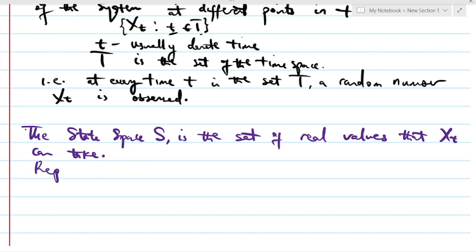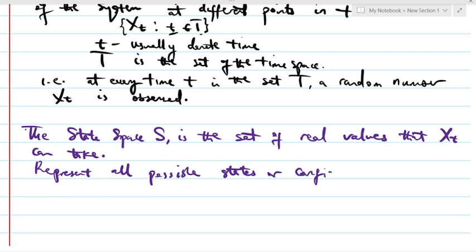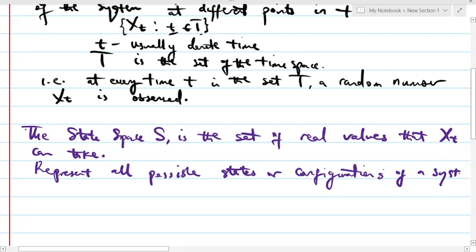It represents all possible states or configurations of a system in the stochastic process, or in a dynamical system.